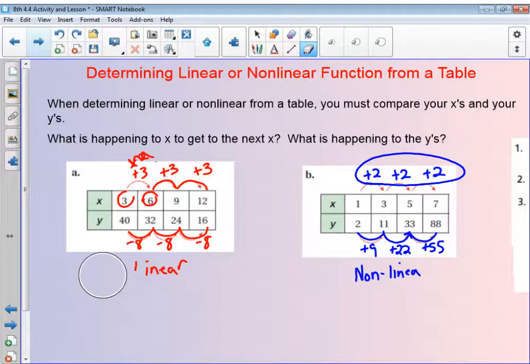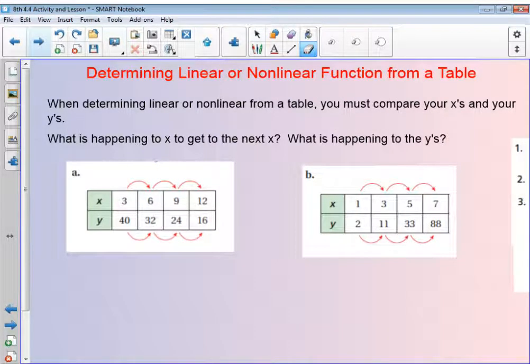Okay. You will notice though, as you get older, sometimes they skip values of x's. So if you were to check in a table to see if there is a pattern, make sure that the pattern in the x's is a constant pattern. Okay, because I could go through and like on this first one, maybe instead of skipping just 3, maybe I skipped 6.